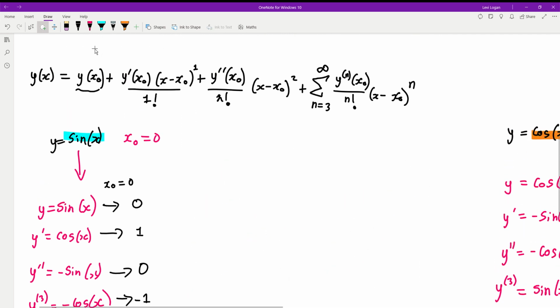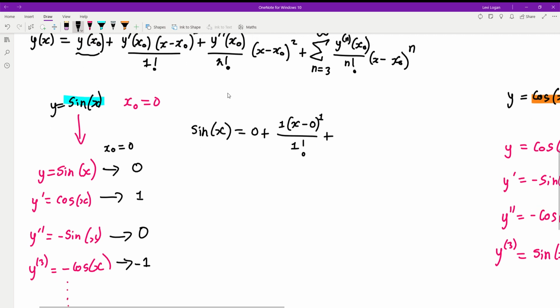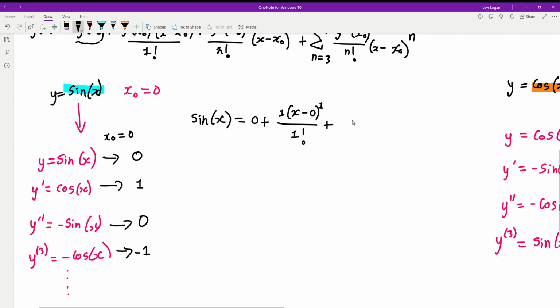Sine x is equivalent to f of 0, which is 0, plus the first derivative, which is 1, multiplied by x minus 0 to the 1 on 1 factorial, plus the 0, which is the second derivative. Then we go straight to the third derivative, which is minus 1 times x minus 0 to the 3, all on 3 factorial.